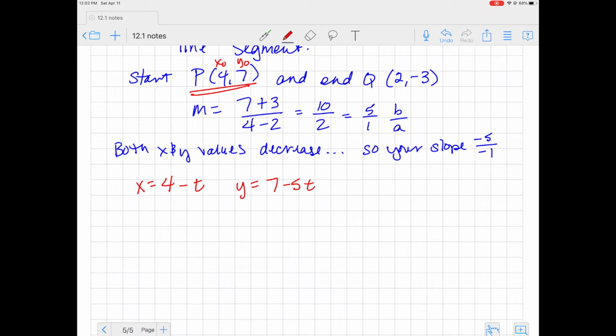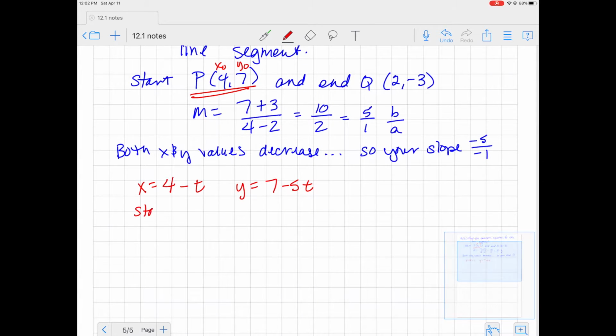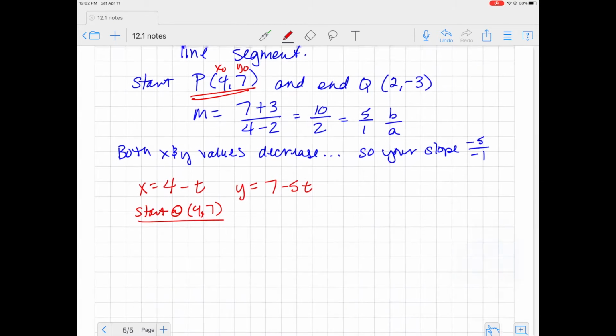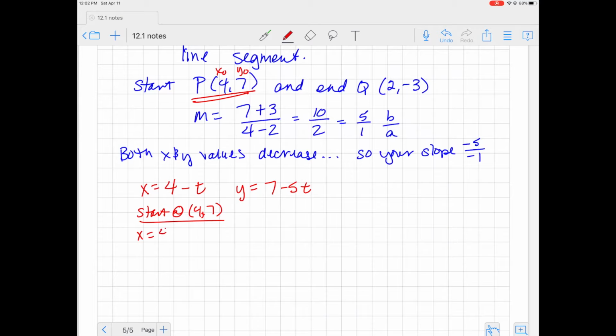We want to start at our original point. So at the point 4, 7, X is now equal to 4 minus 4. Y is equal to 7 minus 5 times 7.